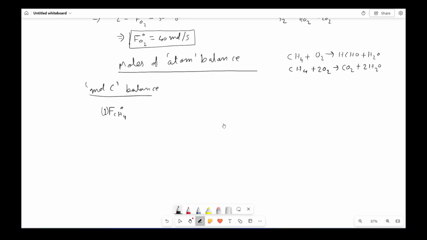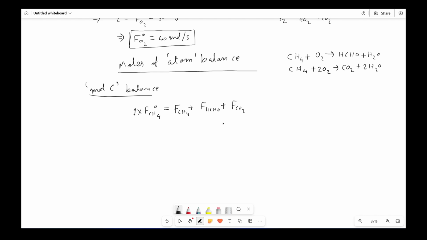Let me write it properly. 1 into CH4 naught equals, in the product coming out of the reactor, CH4 again, which is given, plus in HCHO also there is one carbon atom, so FHCHO, plus in CO2 also there is one carbon atom, FCO2.